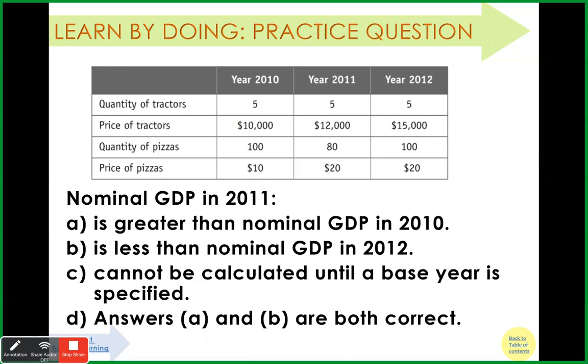This one asks you the nominal GDP of 2011. Very simple. This number times this one, this number times this one.